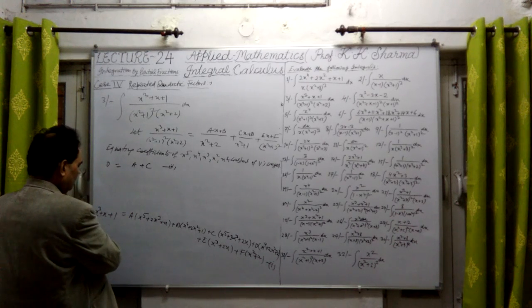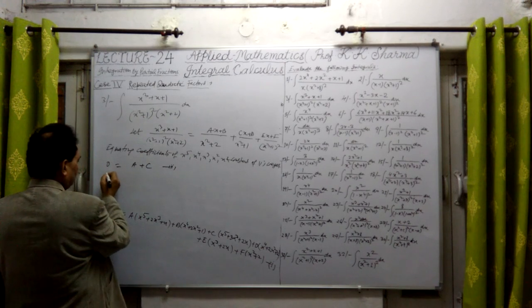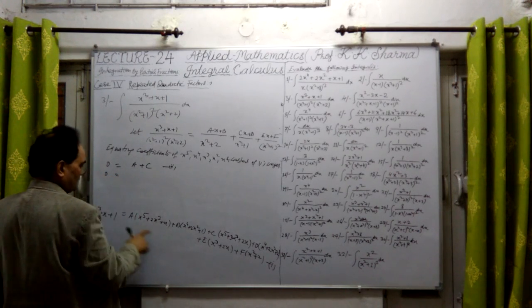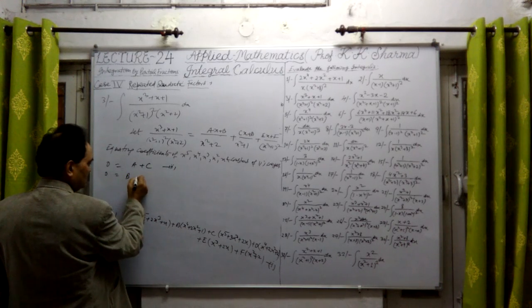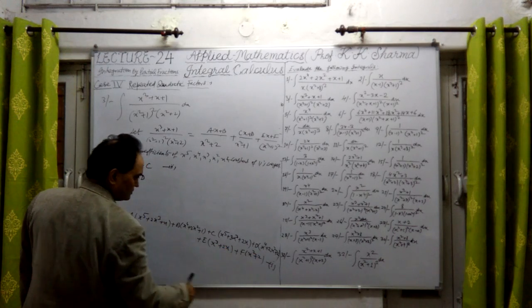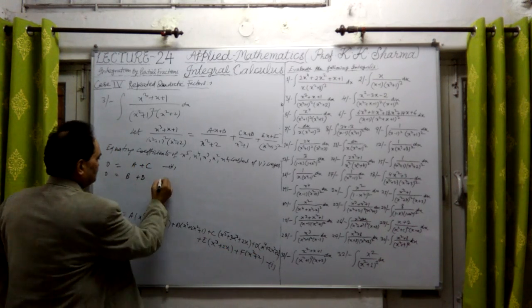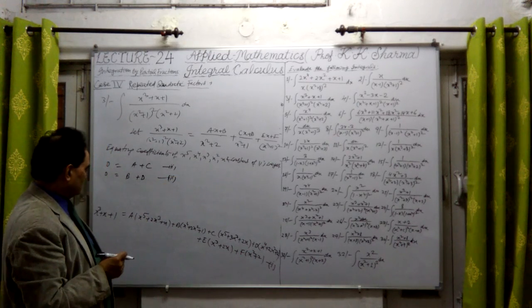Then second equation, x4: the coefficient of x4 in the left hand side is 0. In x4 only b is there, a plus b. Then d is also there. This is d x4. b plus d, this is the third equation.